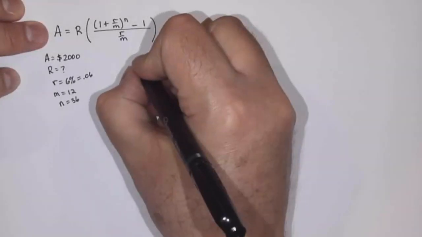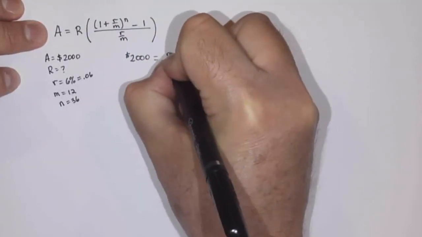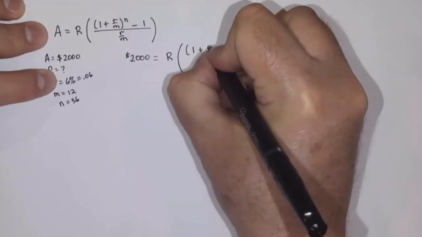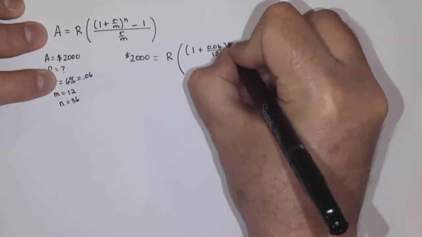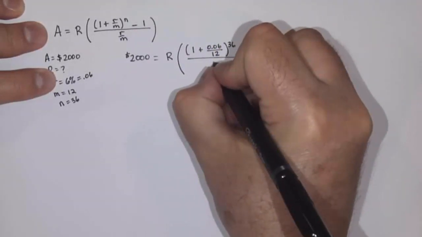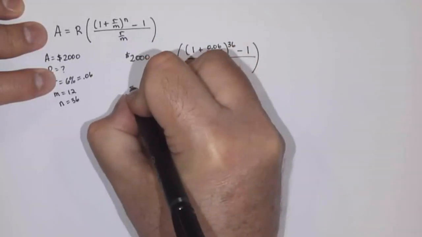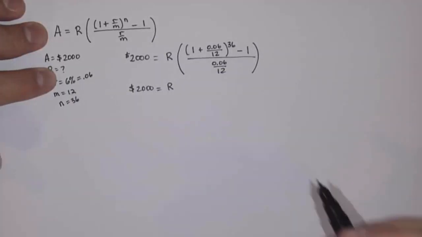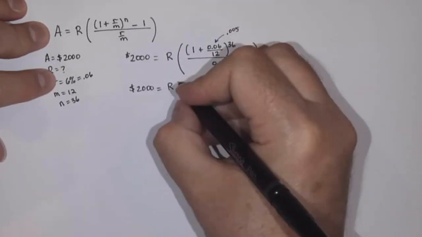So if we fill in what we know, $2,000 is going to equal R times 1 plus 6%, so 0.06, divided by m, so 12, raised to the n power, so 36, minus 1, and that is over 0.06 divided by 12. So if we clean this up, 2,000 equals, well, 0.06 divided by 12 is 0.005.